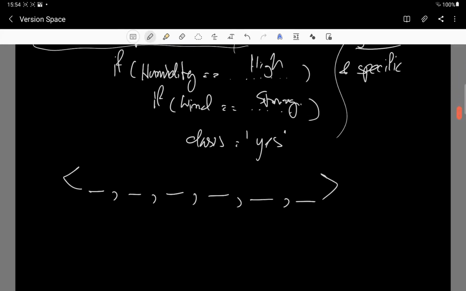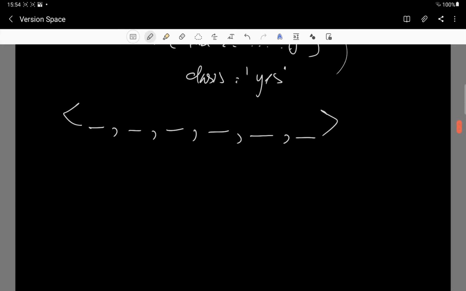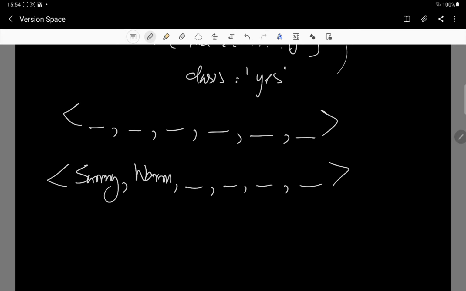So it is a representation that can be used to represent the idea of the rules that if the sky is sunny and temperature is warm, then for the other attributes we don't have any constraint, we don't have the conditions.